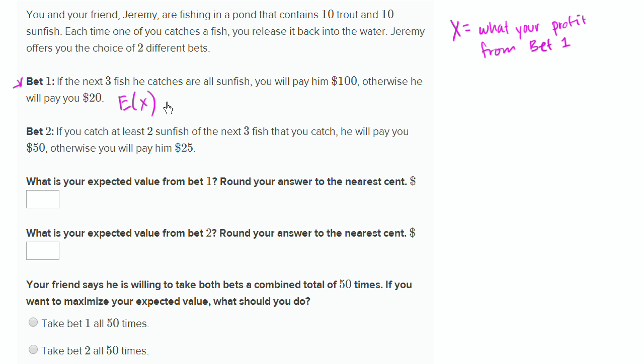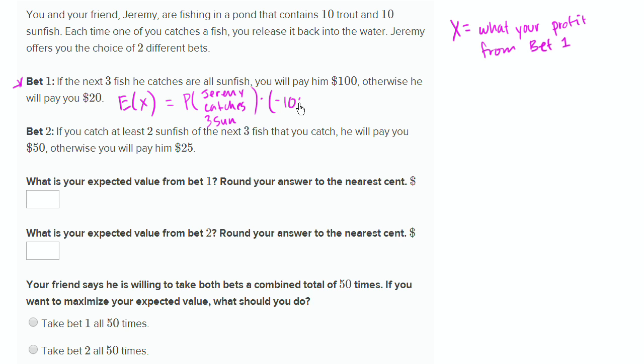of X is going to be equal to negative $100 times the probability that Jeremy catches 3 sunfish, the next three fish he catches being sunfish.